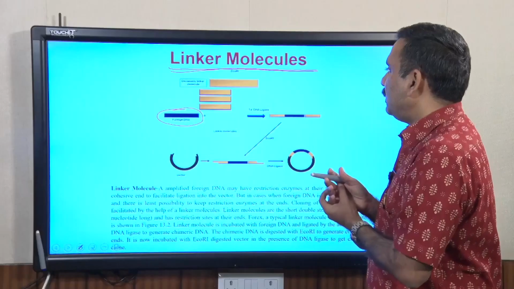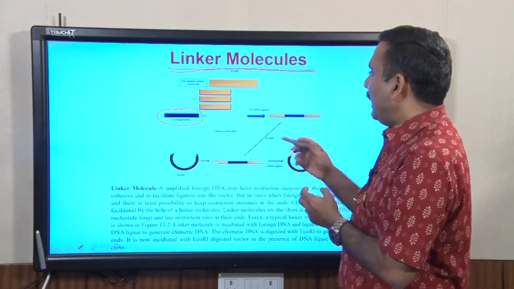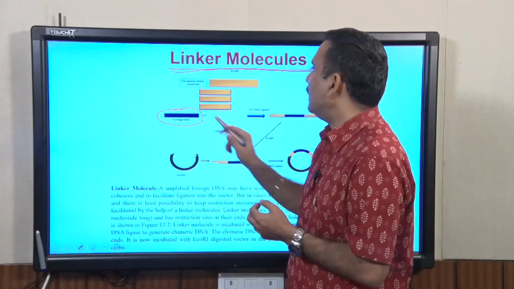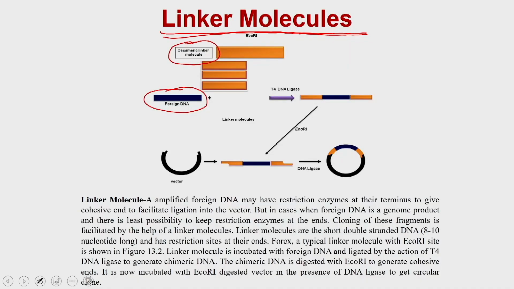So, in those cases you take the linker molecules and add them to this foreign DNA. For example, in this case we have taken a decameric linker molecule which contains the restriction site for EcoRI. We added this decameric linker molecule to the foreign DNA, which does not contain any restriction sites, to generate the cohesive ends onto the corner.